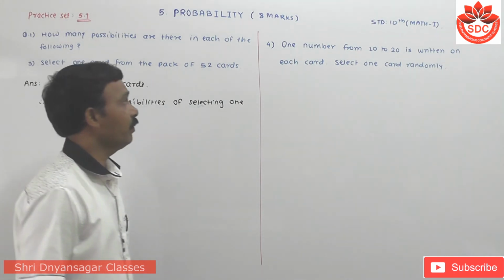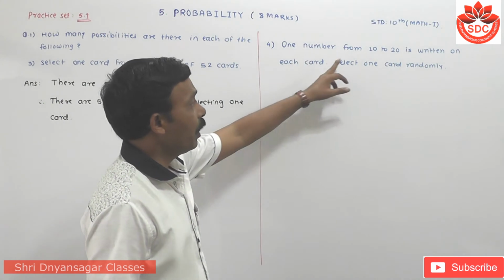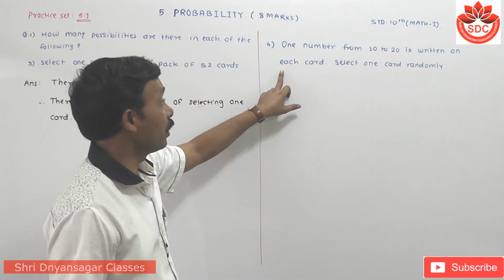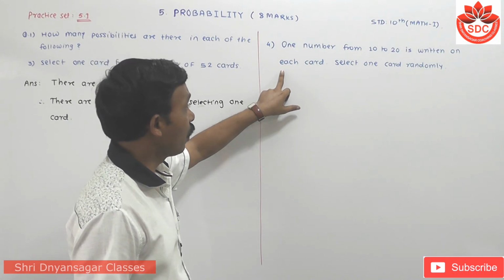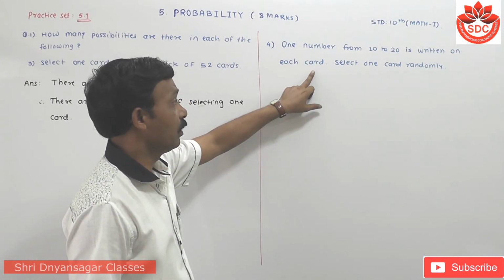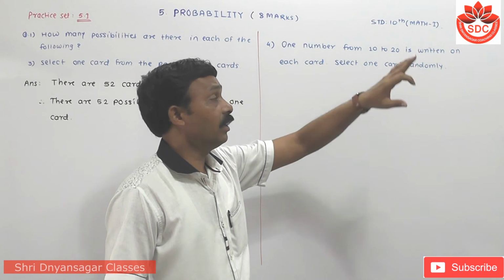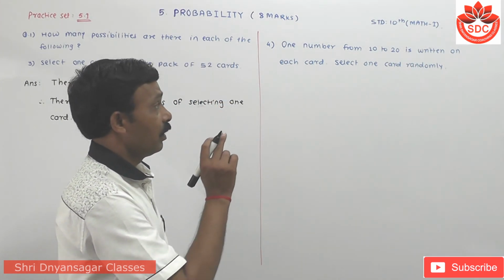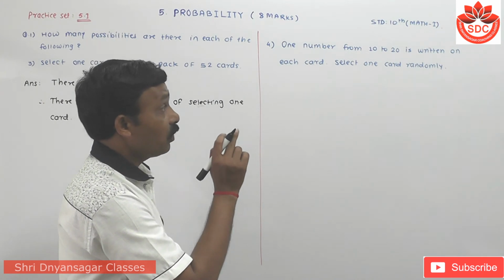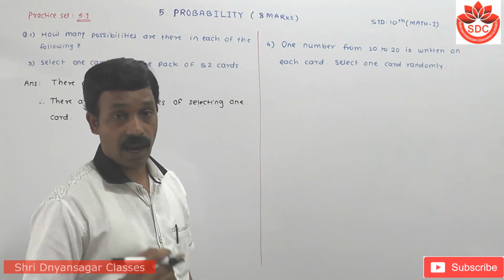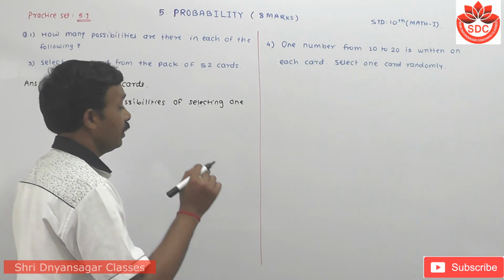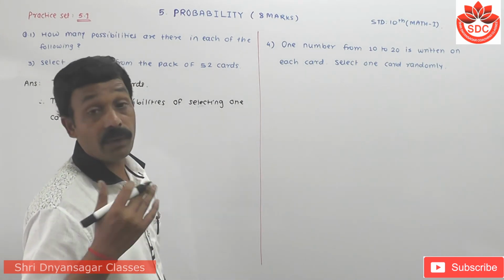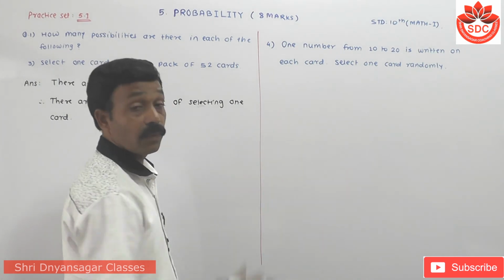Now question number 4. One number from 10 to 20 is written on each card. That means there are 11 cards here. Therefore, there are 11 possibilities of selecting one card.